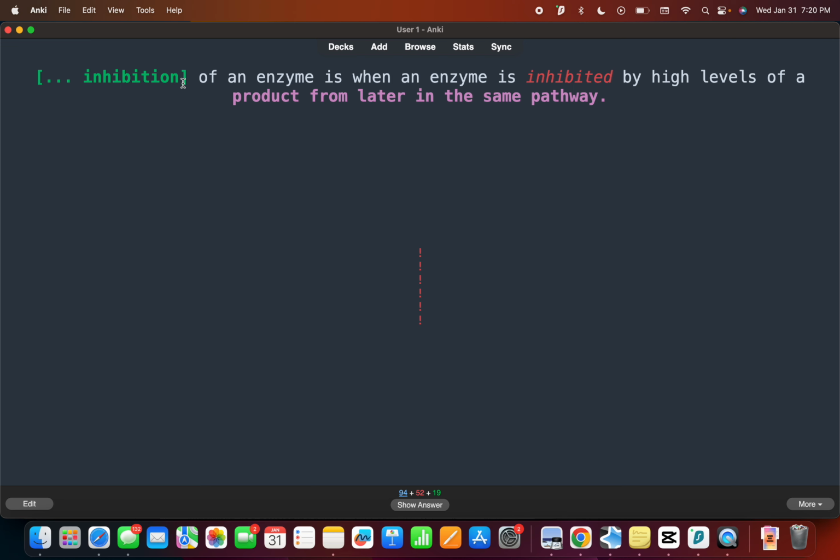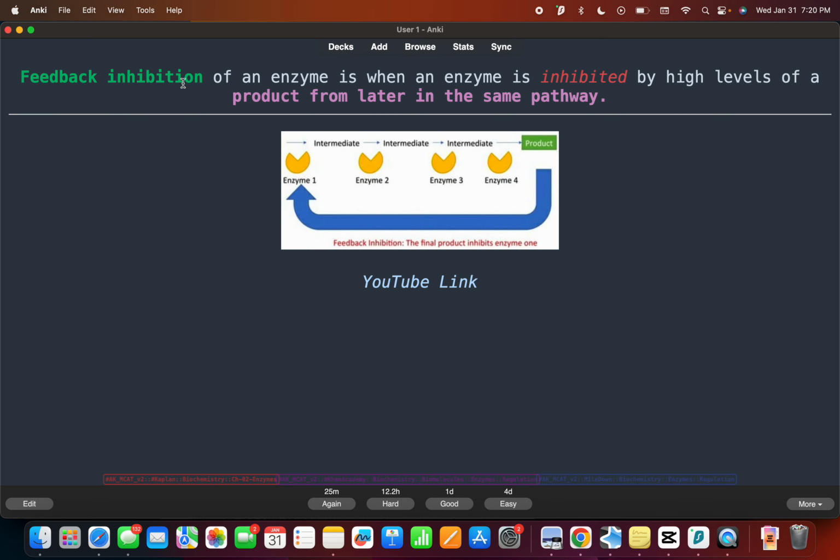I know we're talking about KM here since the levels of the product do affect the enzyme activity. So I believe this is competitive. So this is all about feedback inhibition that I just talked about earlier. So this is like a negative feedback, right?